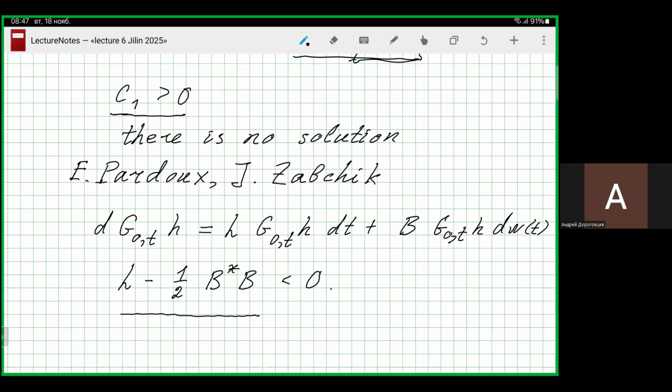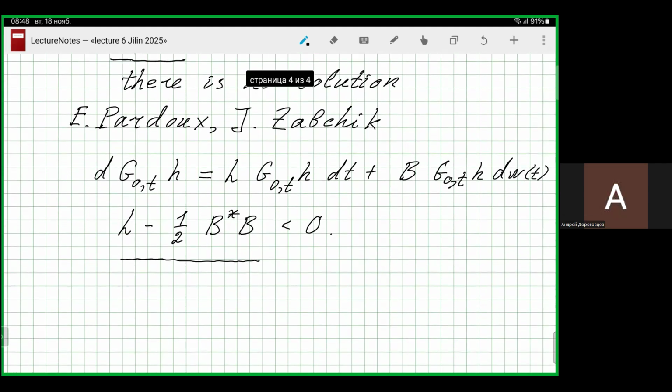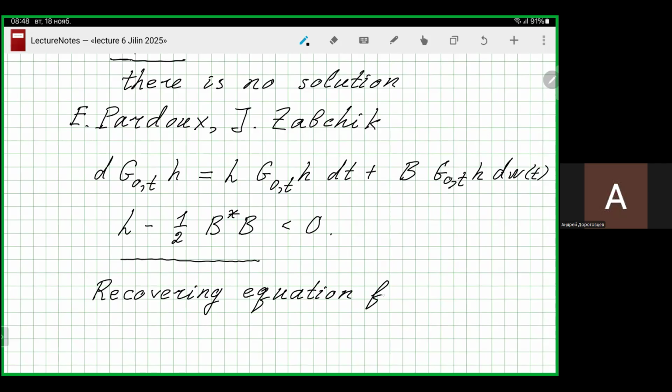And it occurs to be true again, not in all cases, but in a lot of cases. So let us go to recovering the equation for a stochastic semigroup.